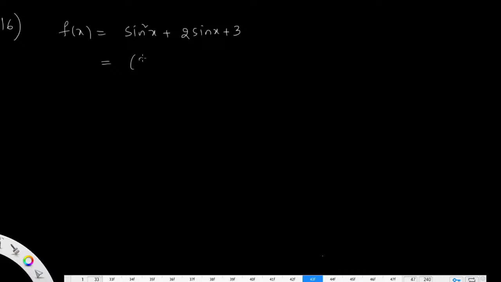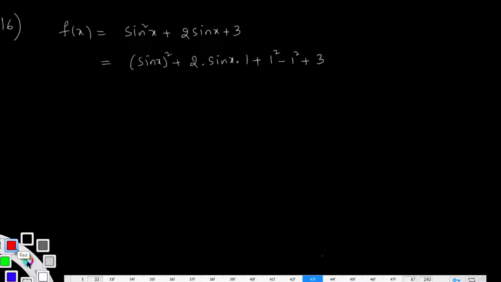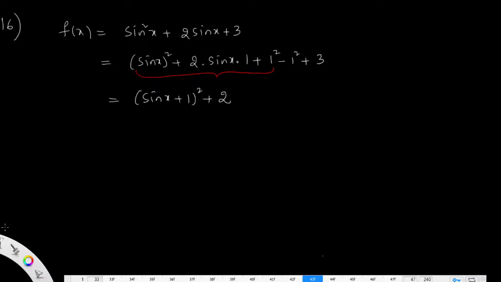So this can be written as (sin x) whole square plus 2 into sin x into 1, plus 1 square minus 1 square plus 3 as it is. The first part can be written as (a plus b) whole square, so that is (sin x plus 1) whole square plus 2.